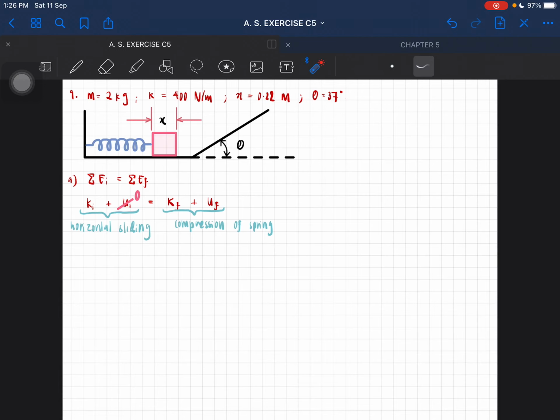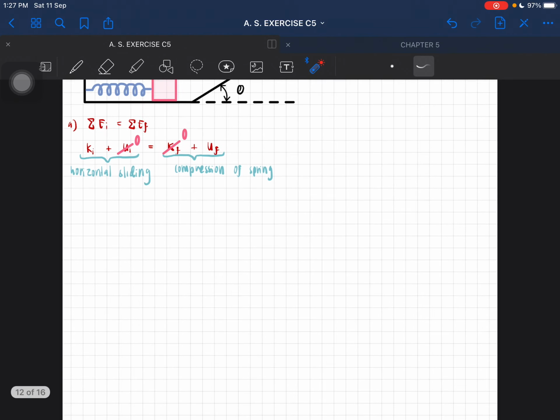When the spring is compressed and stays at this position, the velocity is equal to 0. So we are left with only the kinetic energy of the block and the potential energy of the spring.